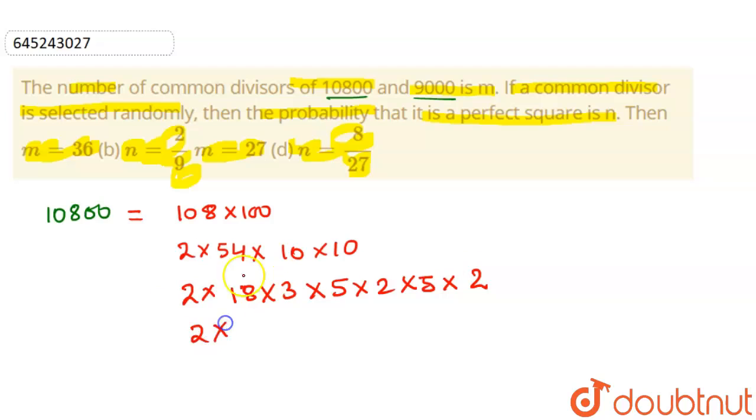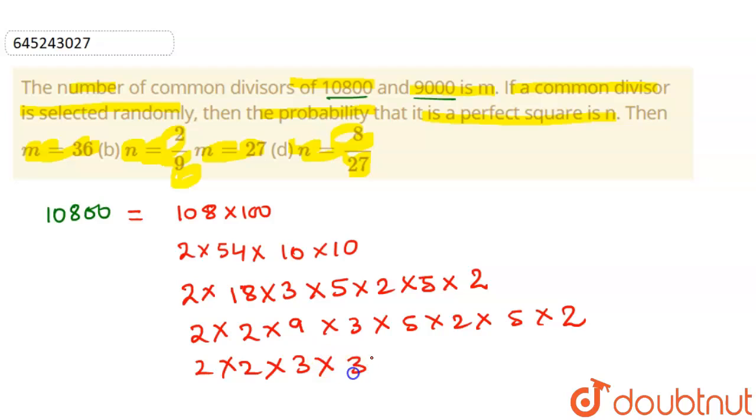So 2 into 18 can be written as 9 into 2. So 2 into 9, then 3 into 5 into 2 into 5 into 2. Again 9 can be written as 3 into 3. We have 3, then 5, 2, 5, 2.